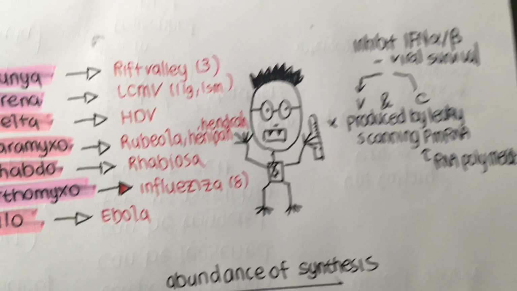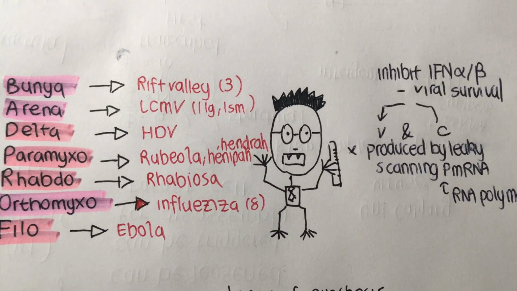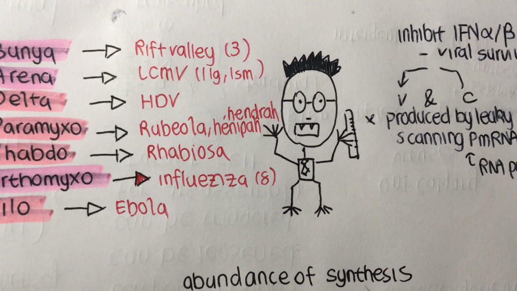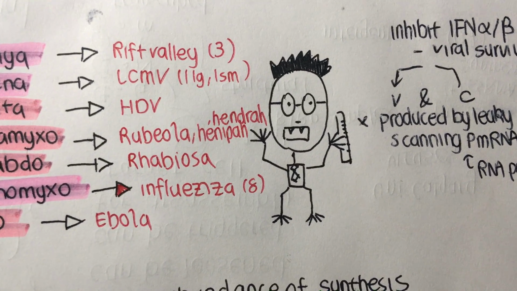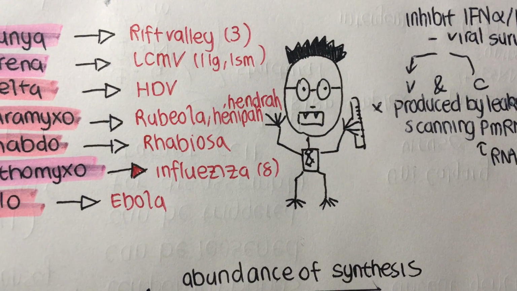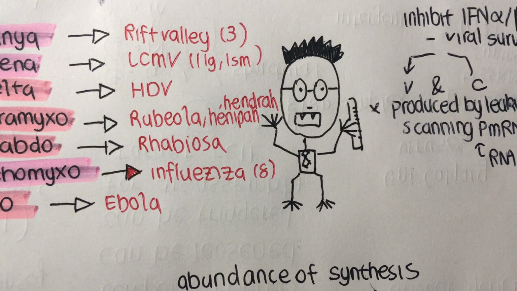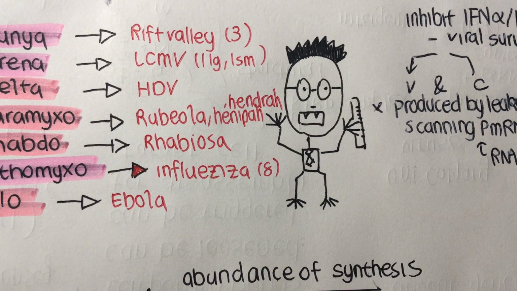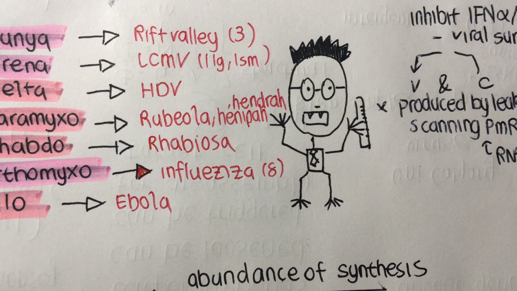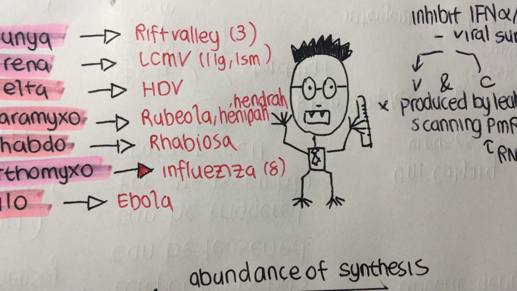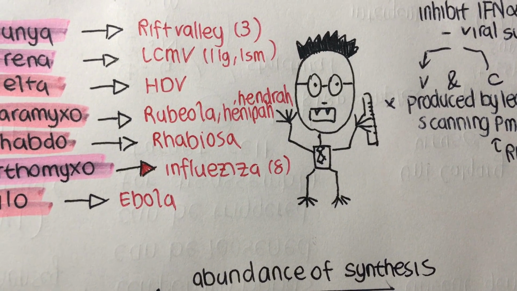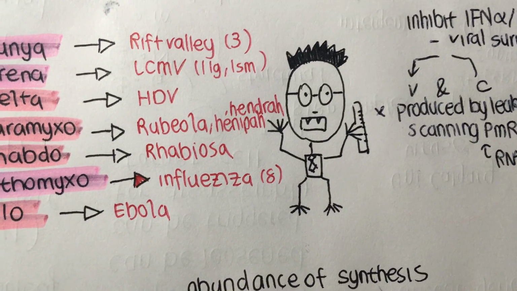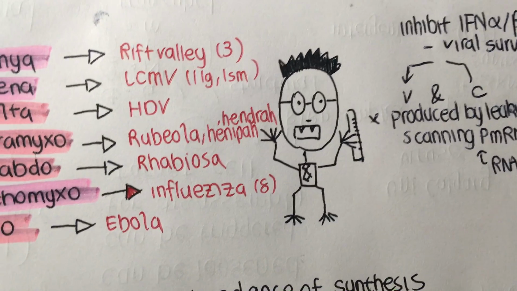So, like the previous mechanisms we discussed, it uses the imperfect scanning of negative single-stranded RNA to produce different types of mRNAs, which then code for different types of proteins.